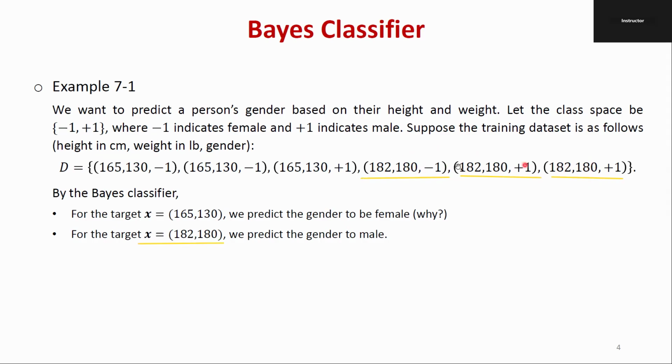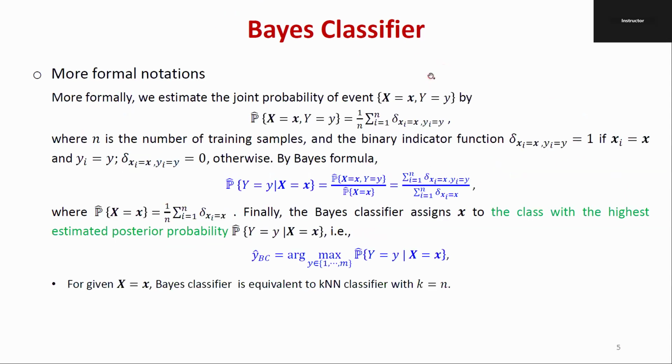Among these three data points, two of them are male, +1, and one of them is female, -1. Hence I will classify this data as male, because 2/3 is the highest posterior. Very simple, right? This is the basic concept of Bayes classifier.